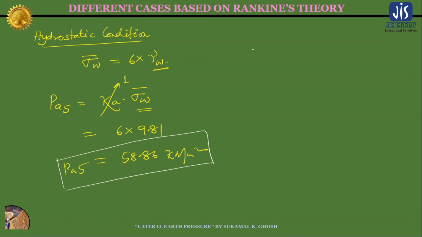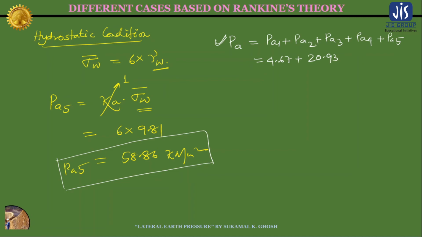Now if you want to calculate the total active earth pressure, you may determine it by adding Pa1 plus Pa2 plus Pa3 plus Pa4 plus Pa5. The value of Pa1 that we have got is 4.67, and Pa2 is 20.93. Though in this particular case we don't need to calculate the total active earth pressure, because it hasn't been asked in this problem.